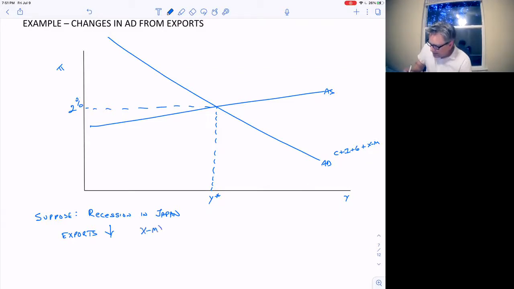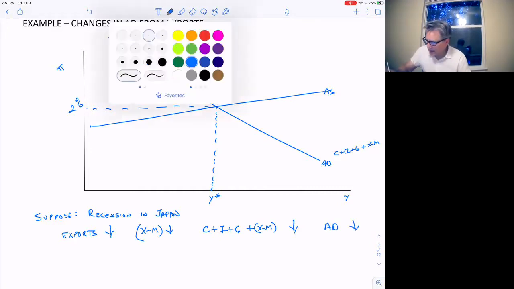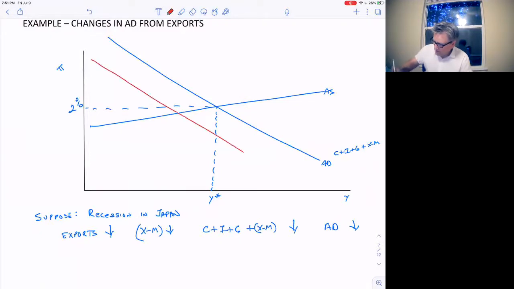That means X minus M falls, which means that the C plus I plus G plus net exports falls, which means aggregate demand falls. A fall in aggregate demand shifts this aggregate demand curve to the left because X fell.